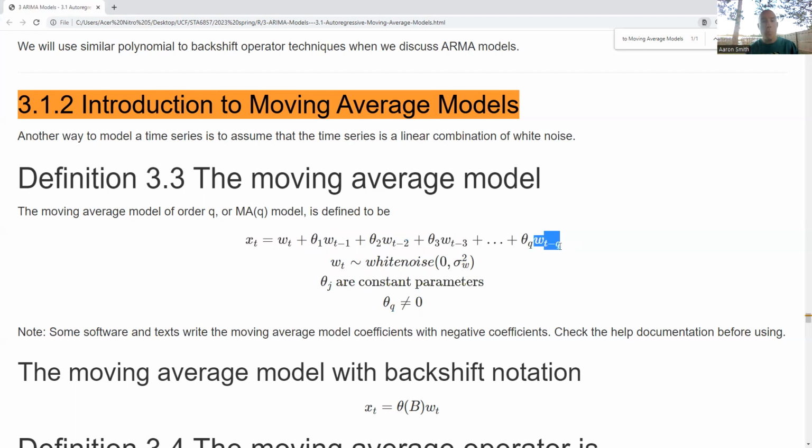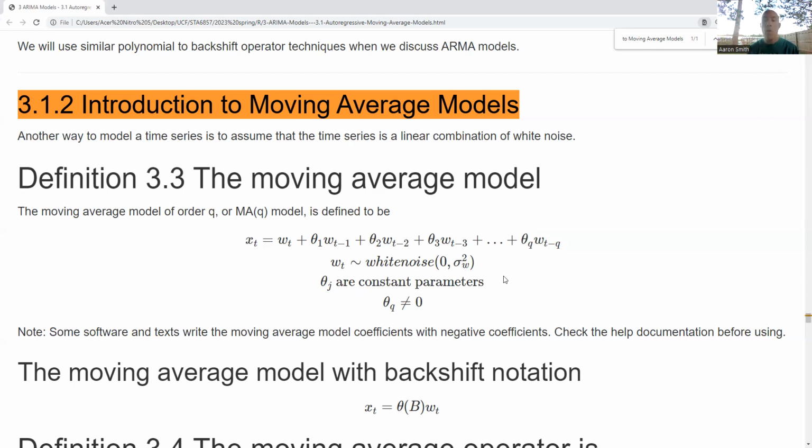Then we have coefficients that we multiply by the past values, and these coefficients are constant parameters. We assume that the Gaussian white noise has mean 0 and constant variance, and that the last coefficient is not equal to 0. So q indicates the largest shift back of all the coefficients.